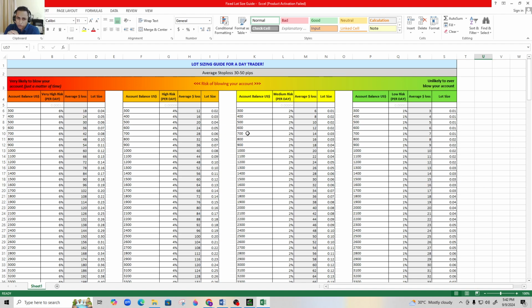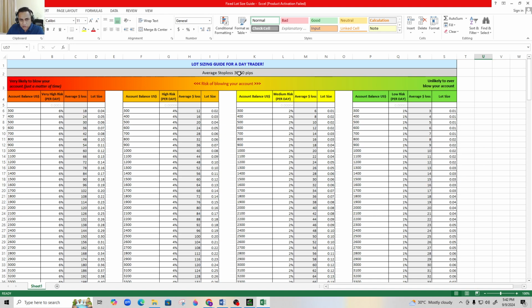But if you're using them for euro dollar or USD JPY, maybe you'll have to look at the average daily range, because I don't know whether a stop loss of 30 or 50 might be too much for USD JPY or USD CHF or Euro USD. I don't know how the pair is moving at the moment, but it might be a little too much, right?